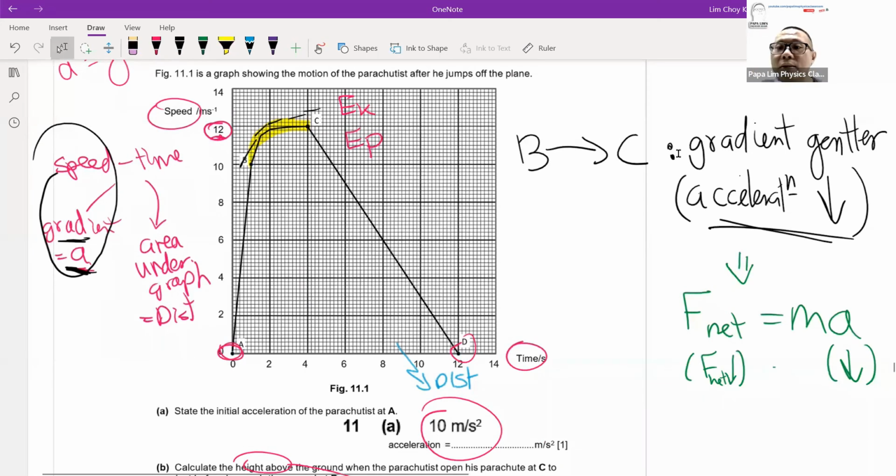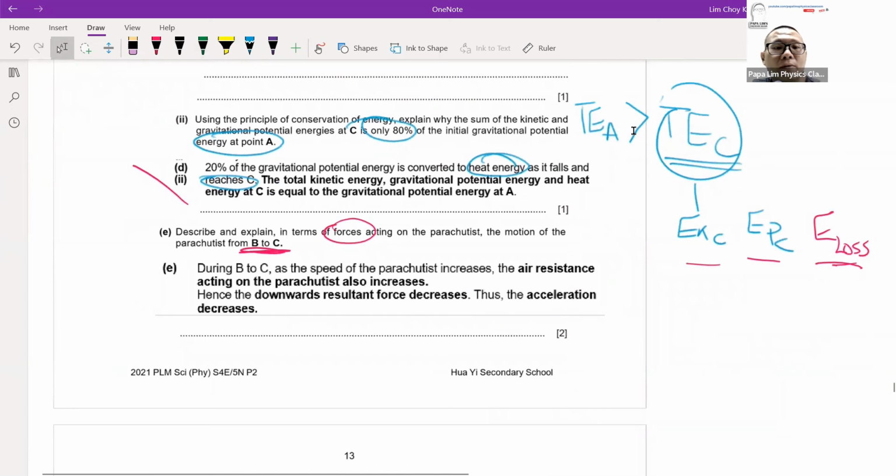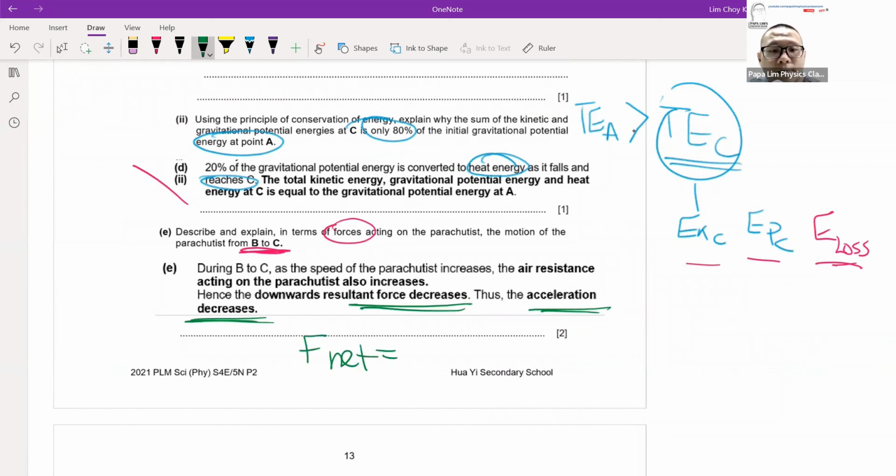So what does this mean? When you talk about F net at that particular junction, your acceleration is getting smaller, which means the resultant force is getting smaller and smaller. But how does net force get smaller?